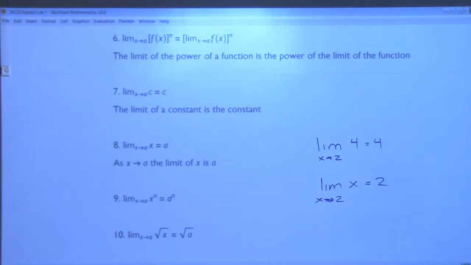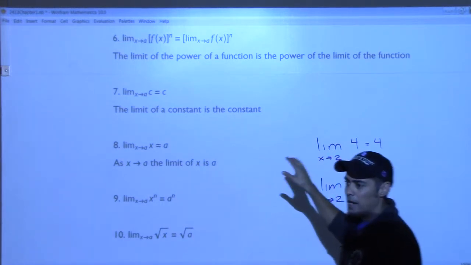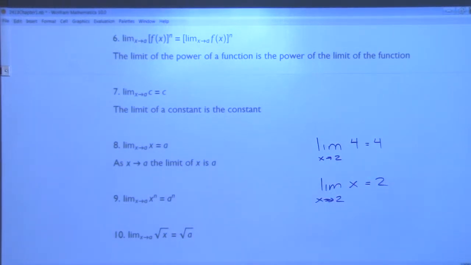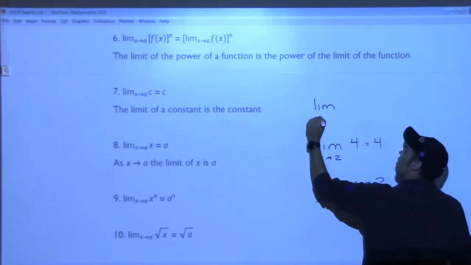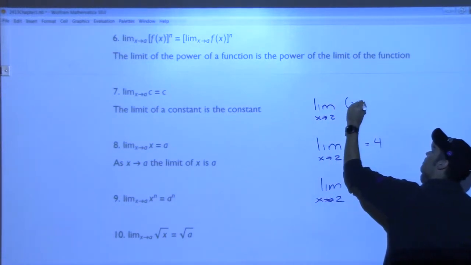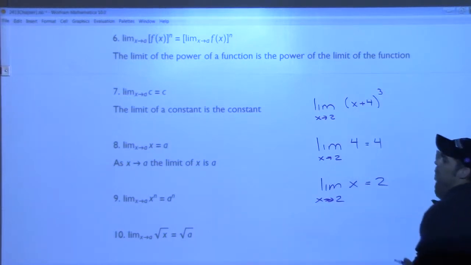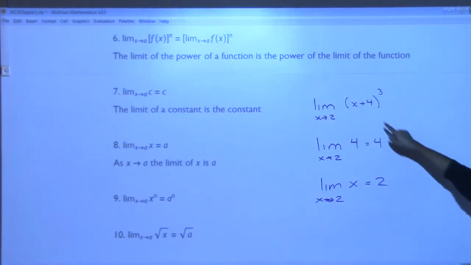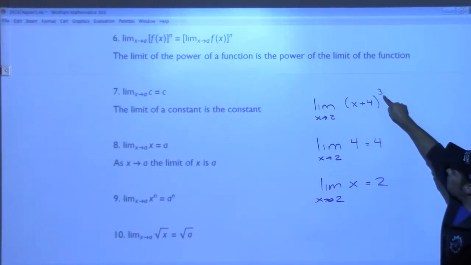What is number 6 again? I'm going to have to show you an example of that. Let me do 6. If we have the limit as x approaches 2 of x plus 4, to the third power. Do you see that you have a function of x raised to the third power?